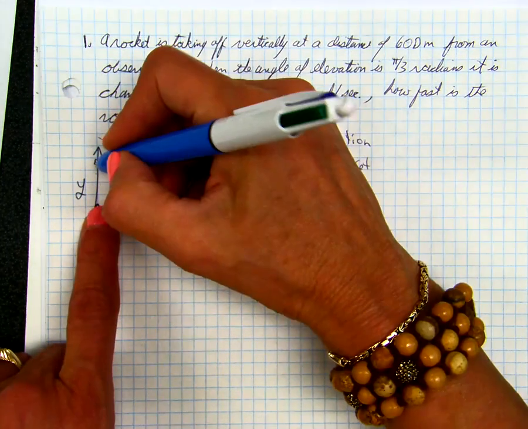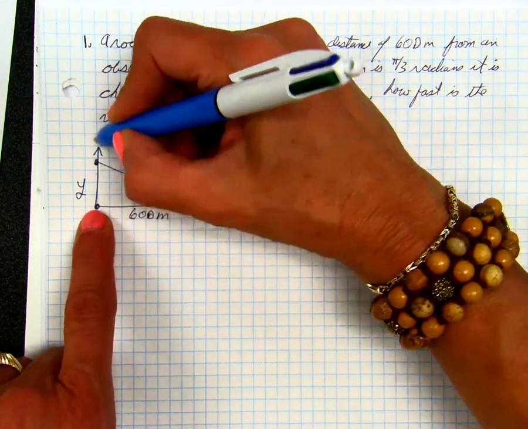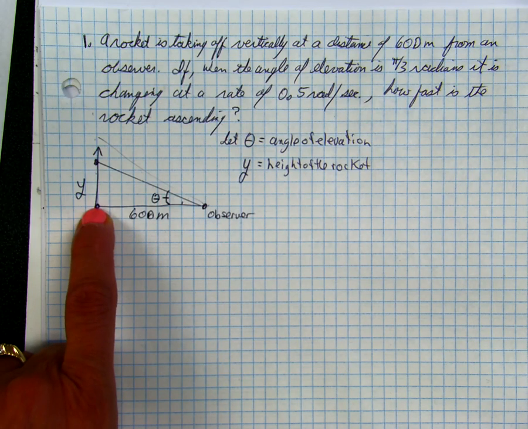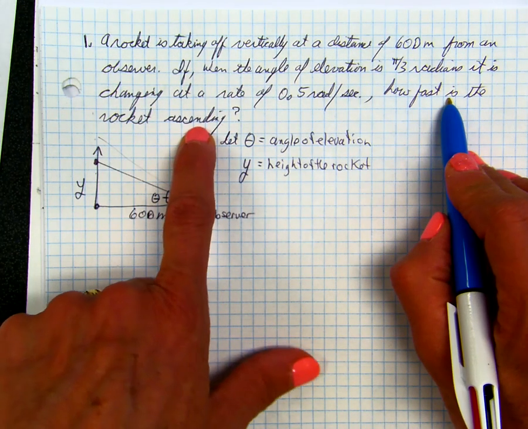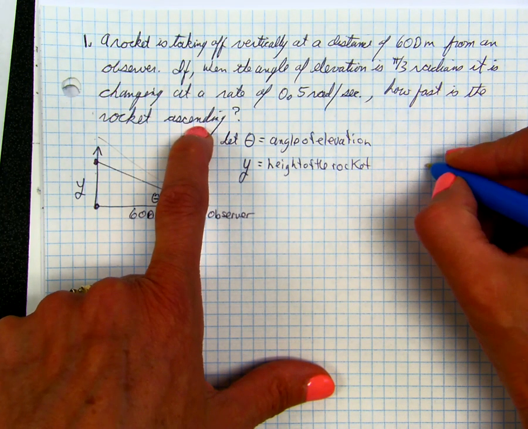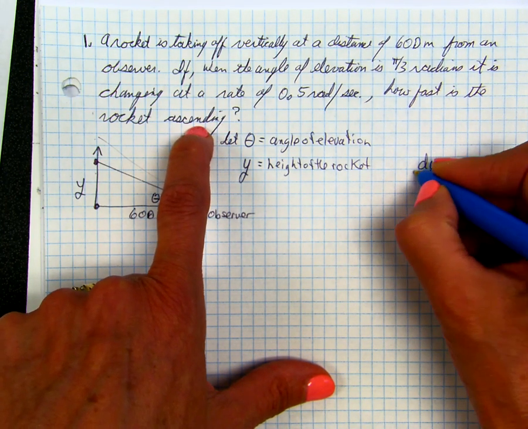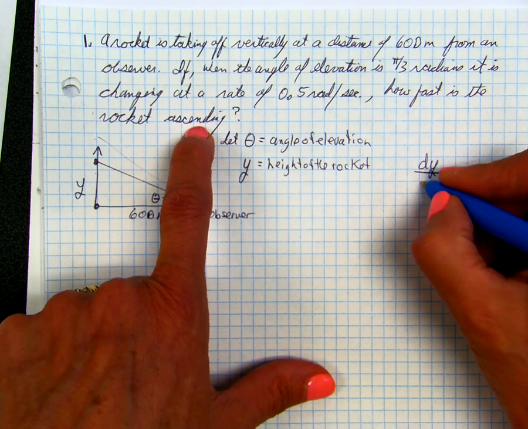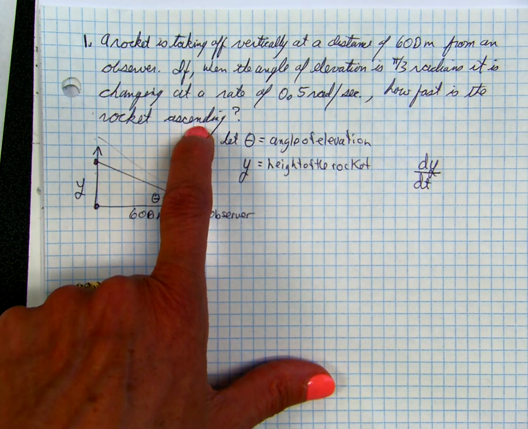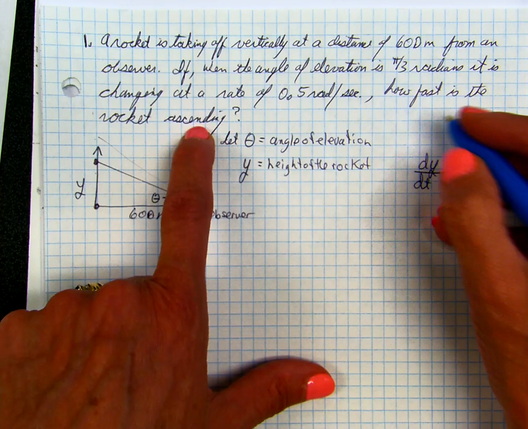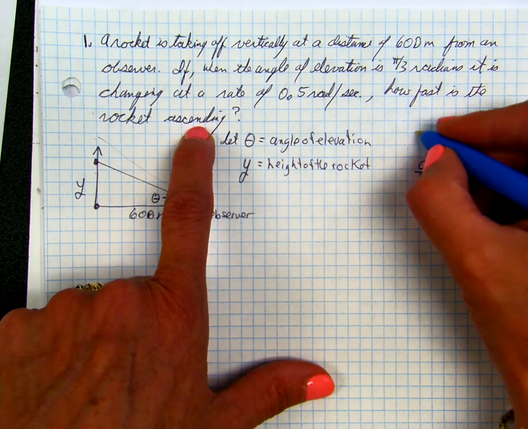Okay, so if y is the height of the rocket, then y keeps changing as well. So what is it that this question is asking us to find? How fast is the rocket going up? Well, then what we're actually looking for is the velocity of the rocket. What is the change in y with respect to time? Distance over time, velocity.